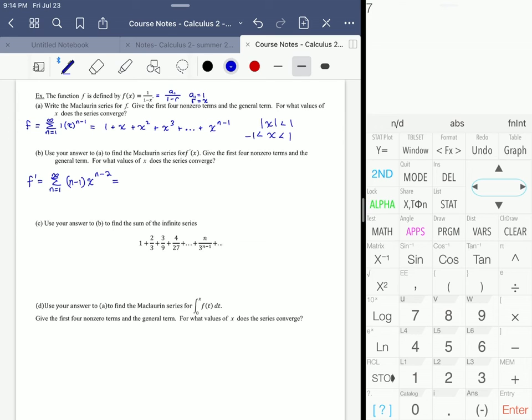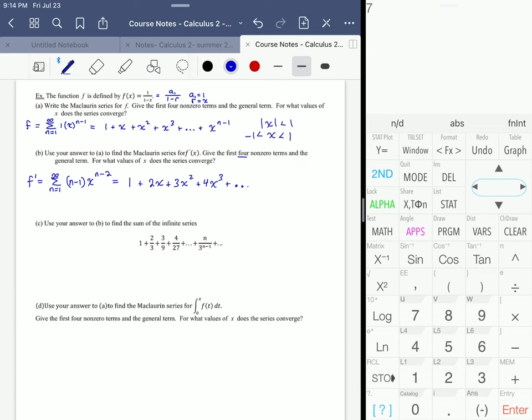All right, differentiate each individual term. 1 goes to 0, irrelevant. X goes to 1, then we have a 2x, then we have a 3x squared. I'll put a 4th term there just because we did before, and also they told us to.